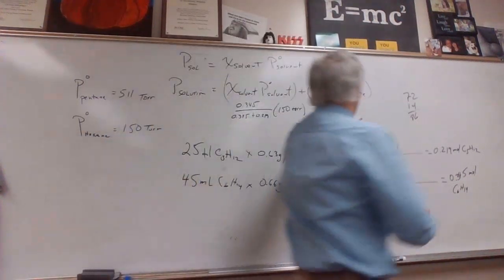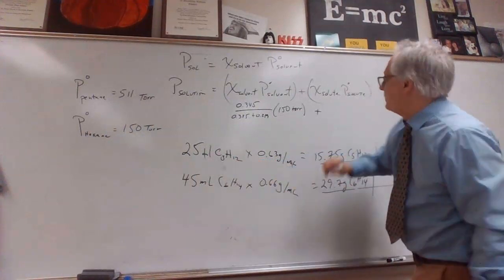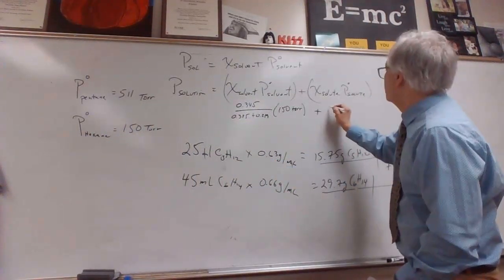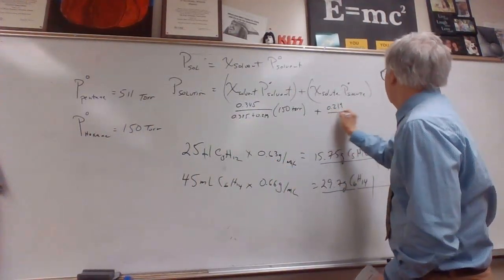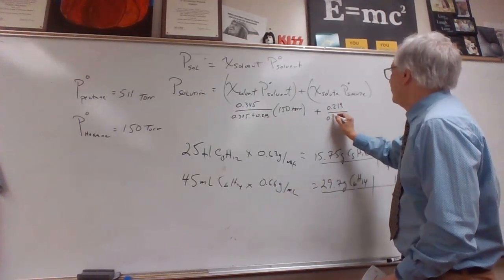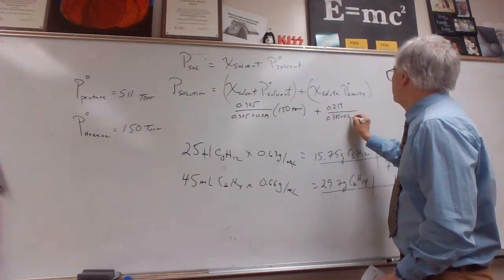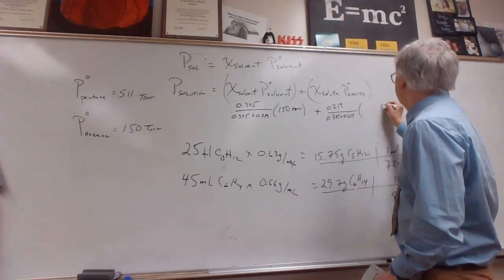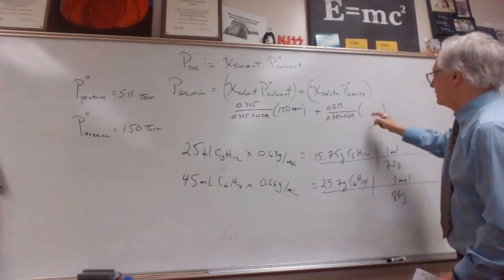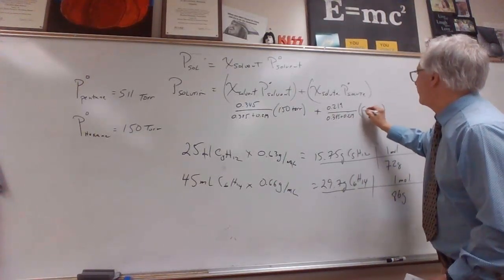And the mole fraction of the solute, which in this case is the pentane, is going to be 0.219 over 0.345 plus 0.219 times 511 torr.